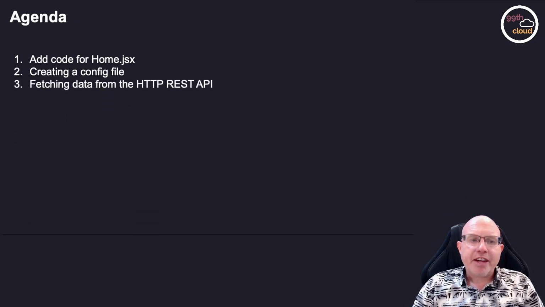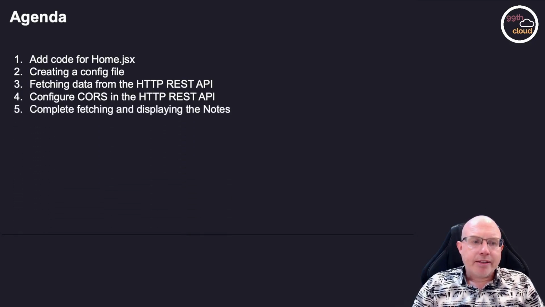Then we will be fetching data from the HTTP REST API. Then we will be configuring CORS in the HTTP REST API. And then we will complete fetching and displaying the nodes. So let's get right started.